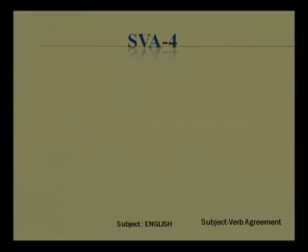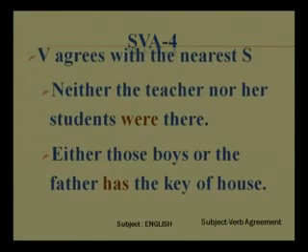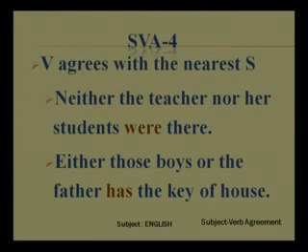If you find singular and plural with these words either or and neither nor, the rule tells us that the verb should agree with the nearest subject. You can see: neither the teacher nor her students were there.